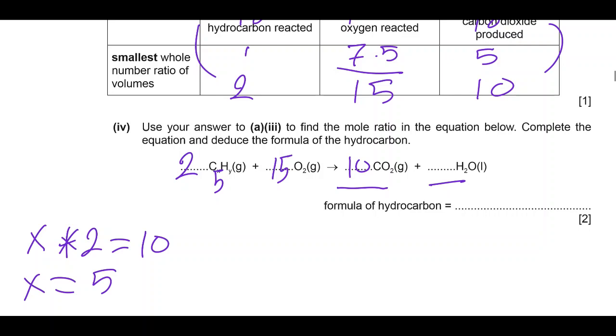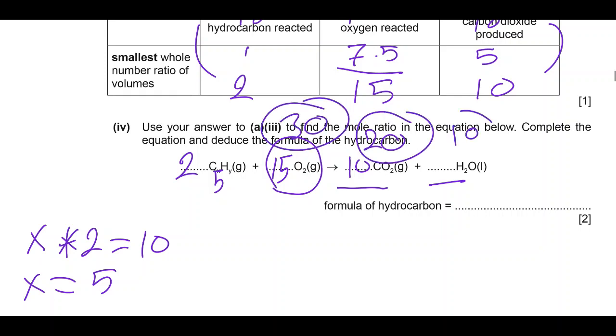Same thing for hydrogen, we will calculate it at the end. Now, how many oxygen atoms do you have? You have 30 oxygen atoms. Here you have 20, so here we need 10. So this one should be multiplied by 10.